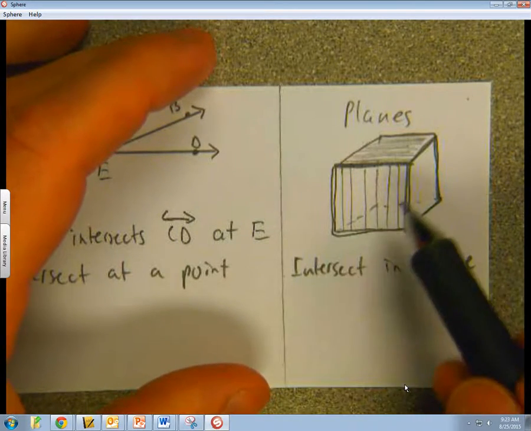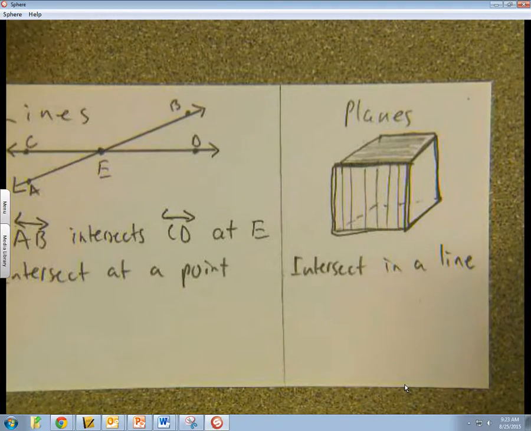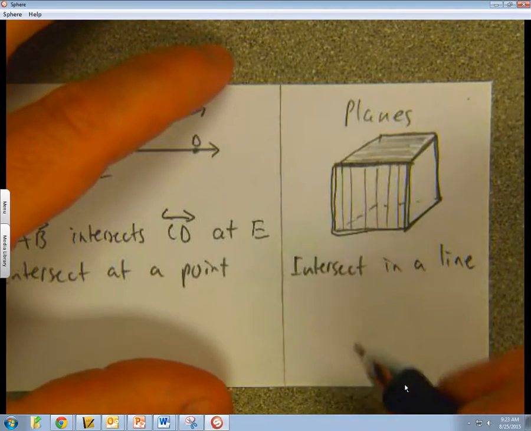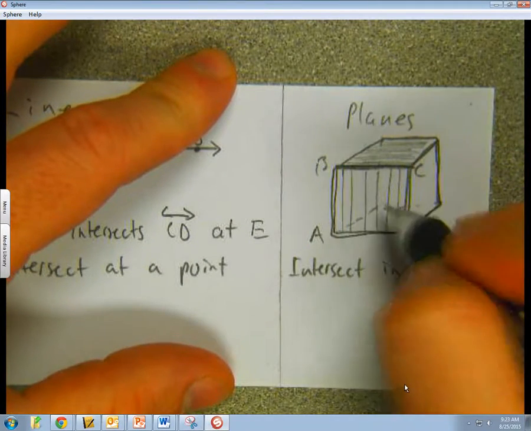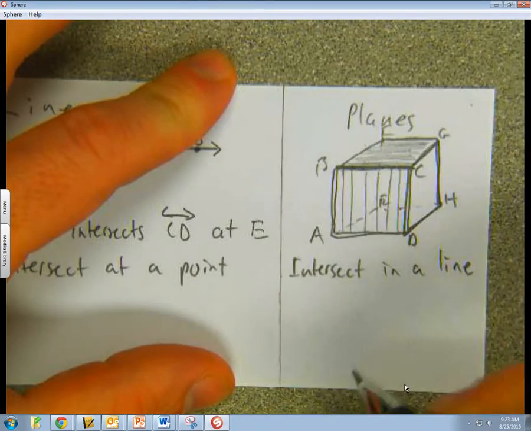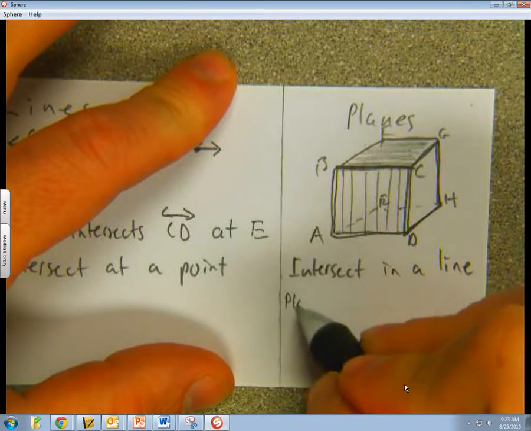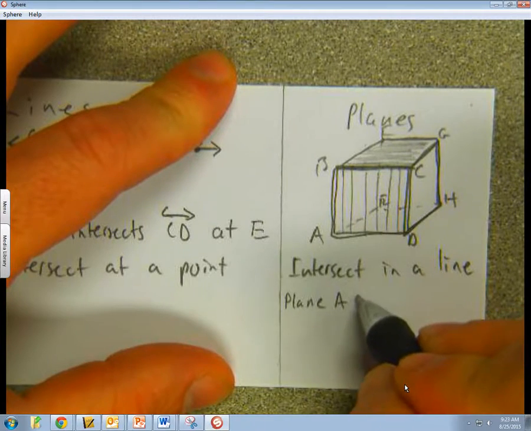All right, so we're going to go ahead and get some labels: A, B, C, D, E, F, G, H. We'll say plane ACD. Remember, I can pick any three on that plane.